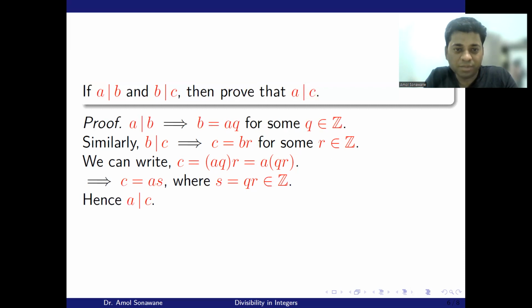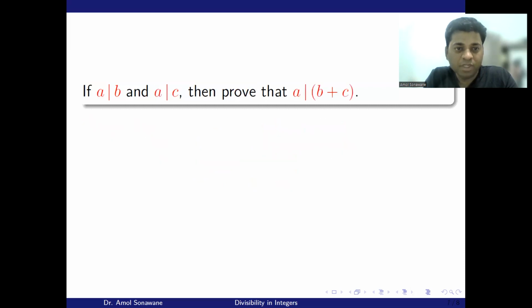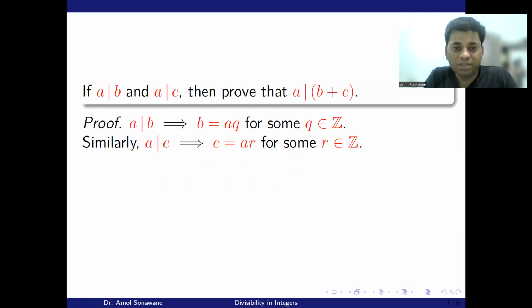Let's see another property. If a divides b and a divides c, then a divides b plus c. A divides b implies b is equal to aq for some integer q. Similarly, a divides c implies c is equal to ar for some integer r. So addition of b and c is aq plus ar, and by taking a common from aq and ar, we get b plus c is equal to a times q plus r.